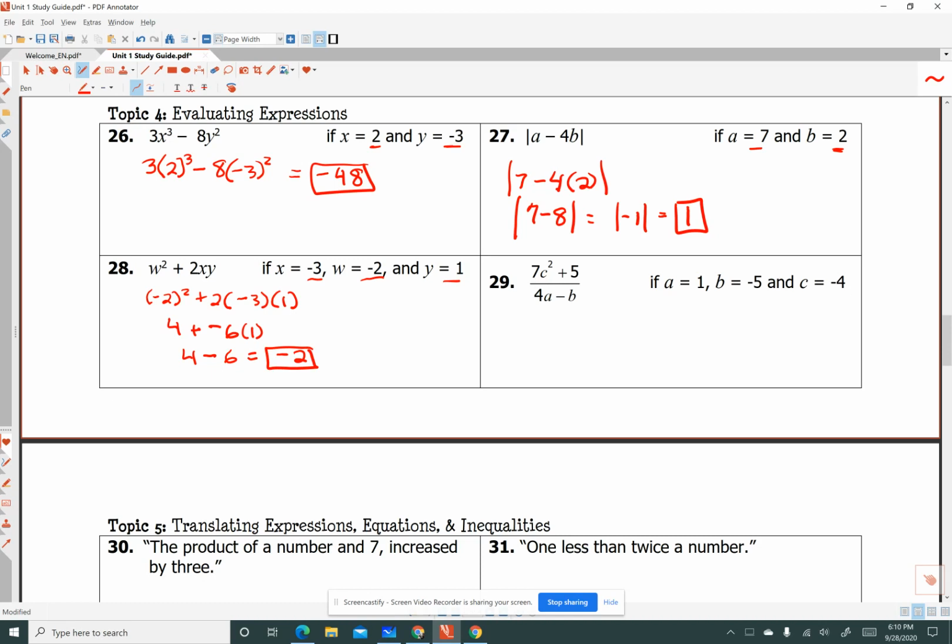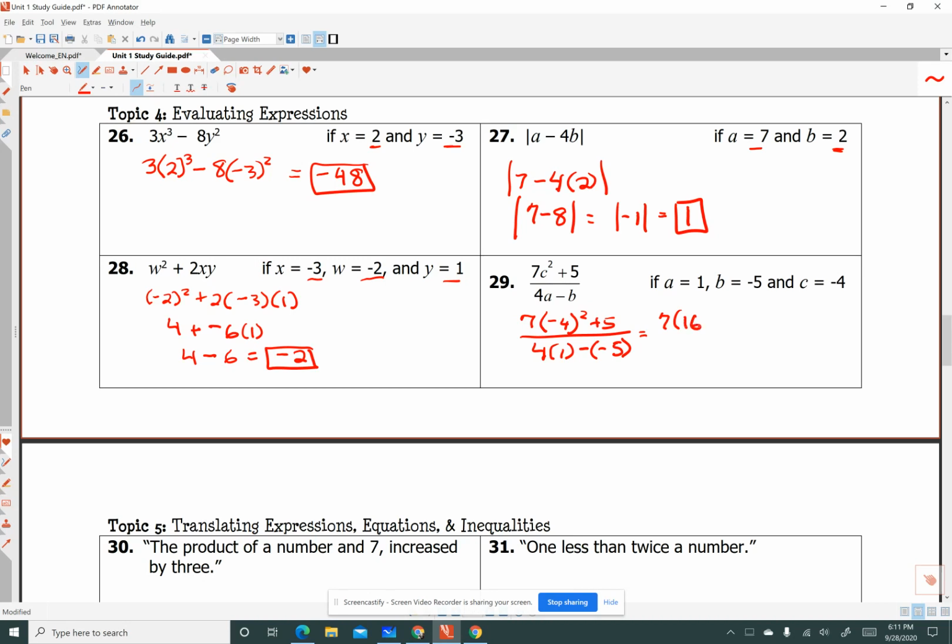And here we're going to have 7 times C is negative 4 squared plus 5 over 4, minus negative 5. Oh, I'm sorry, it's not plus, that's minus. And let's start evaluating.